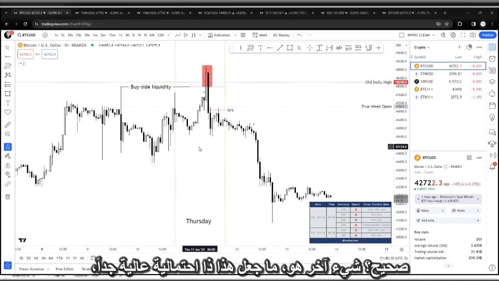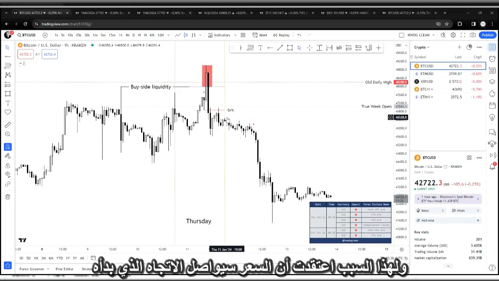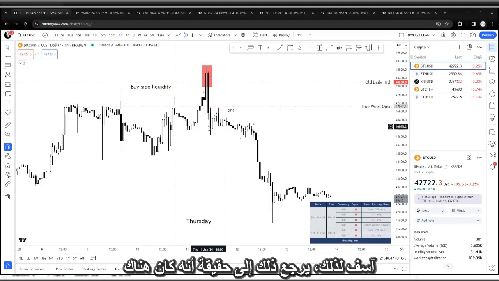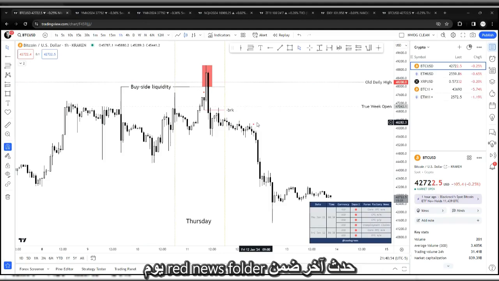Another thing which made this really high probability, which is why I thought the price would continue the trend that it began on Thursday, on Friday, is the fact that there was another red news folder event on Friday.